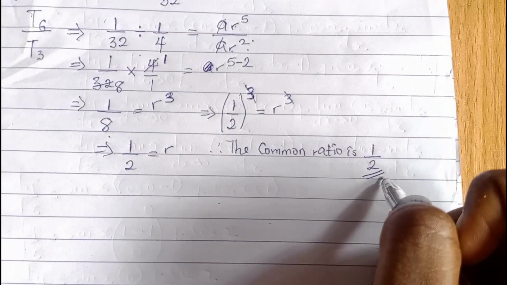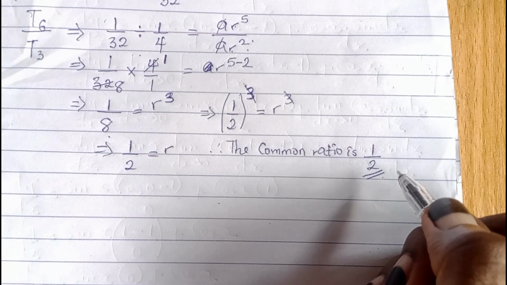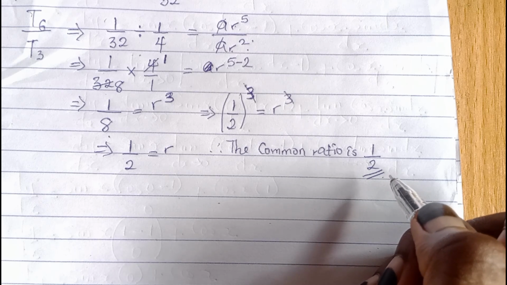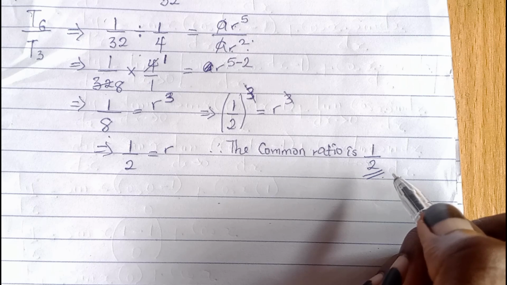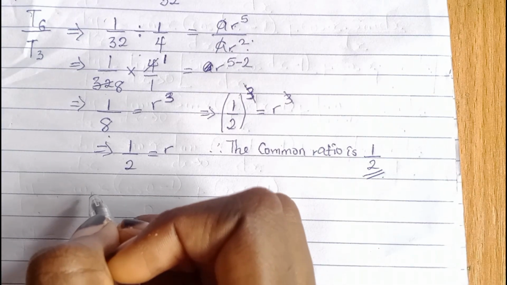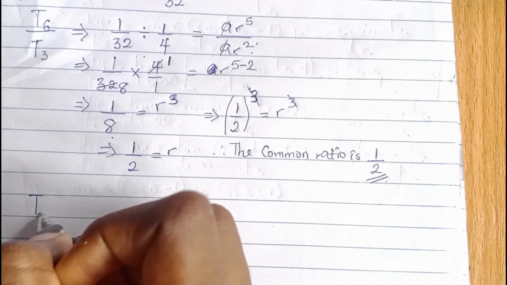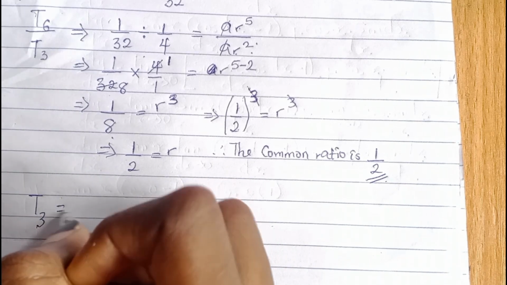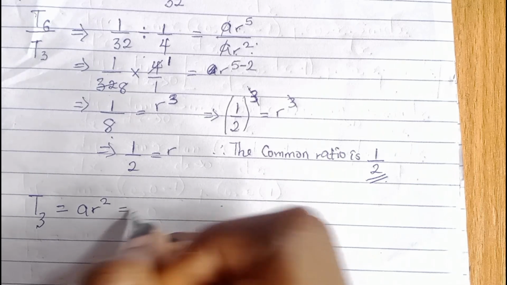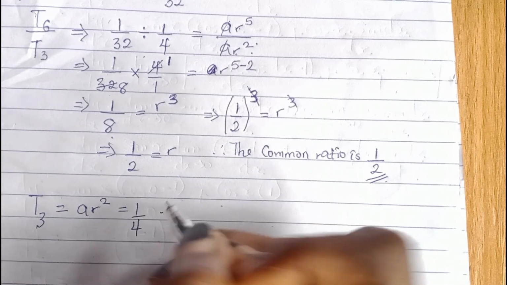Now we have found the common ratio. The next thing we are going to find is the first term, and to get the first term we have to substitute this common ratio into one of the formulas for the third term or the sixth term. I will be using the third term formula. That will be T3 equals AR raised to power 2 equals 1/4.